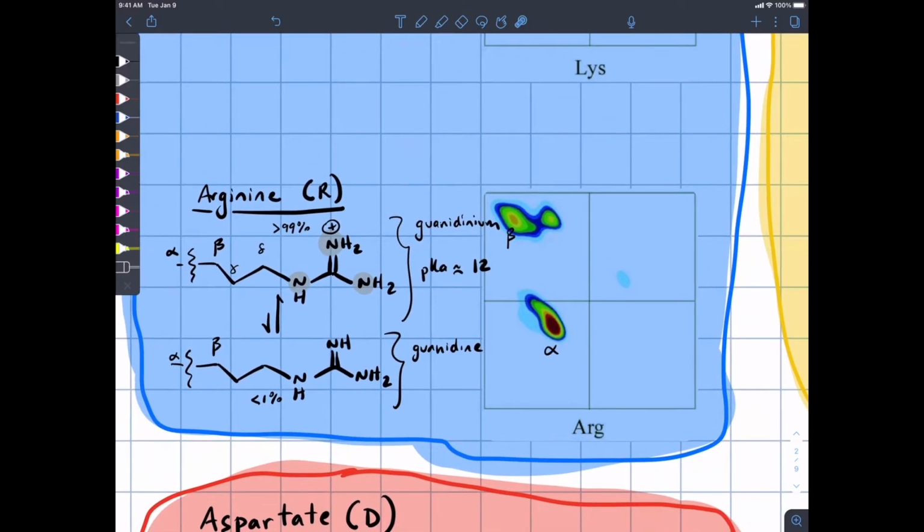And so the functional group on arginine is called a guanidinium group. It's different from an amine. This is not like a bunch of stuff with 2 different or 3 different amines. This is its own functional group. It's positively charged, and that positive charge is delocalized on all 3 of the nitrogens via resonance. This acid form that's positively charged has a pKa of 12, so it's almost always positively charged.